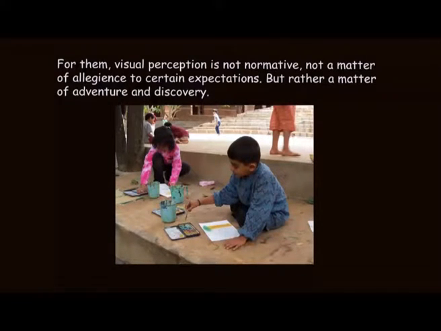Now, for children, visual perception is not normative, that you have a set of rules or prescriptions and you follow those rules. This is not what a child usually would do. It's not a matter of allegiance to certain expectations either, but rather a matter of adventure and discovery.